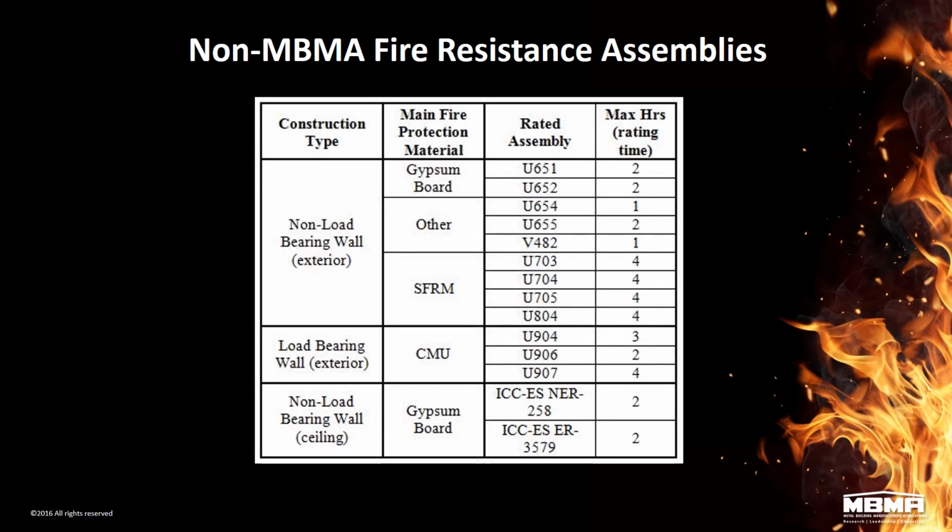In particular, if one needs a heavy 3 or 4 hour fire separation wall, firewall, the best option may be concrete masonry or a heavier type of construction. And again, then you have to go to this inventory of other assemblies.